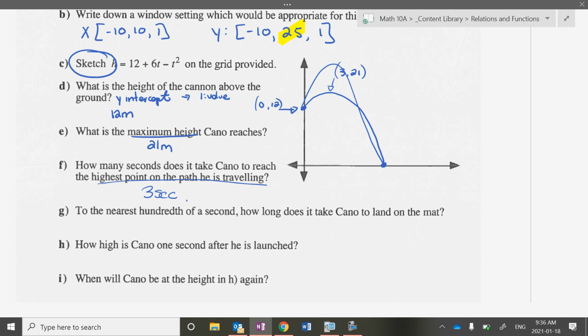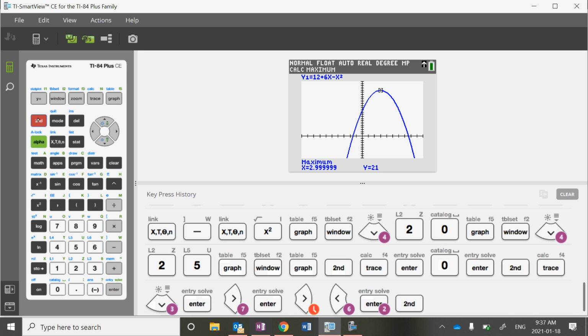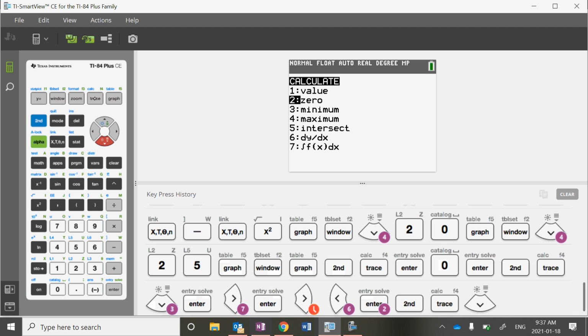To the nearest hundredth, so 2 decimals of a second, how long does it take the cannonball to land on the mat? Really, this is asking us for this point here. On your calculator, we're going to do second trace and down to 0. Press number 2 or use your arrow keys.